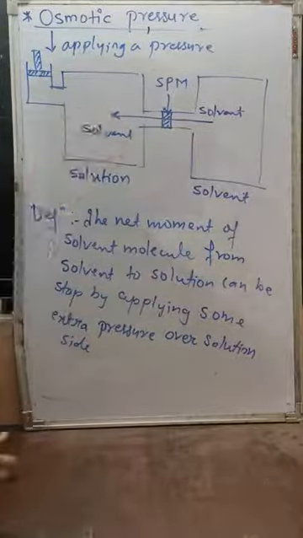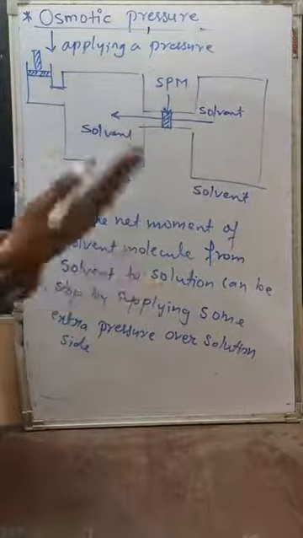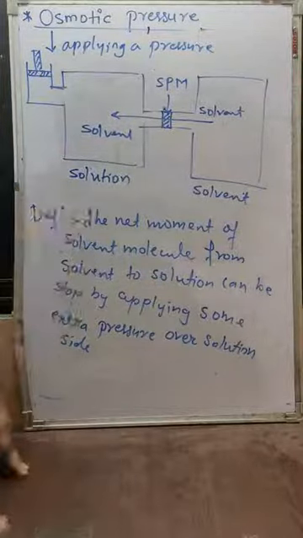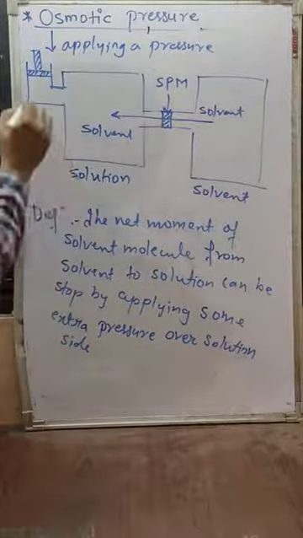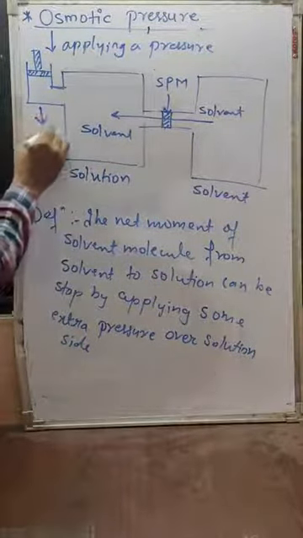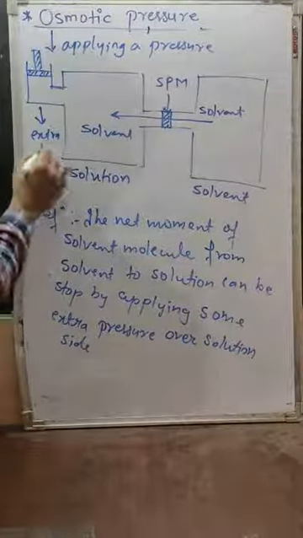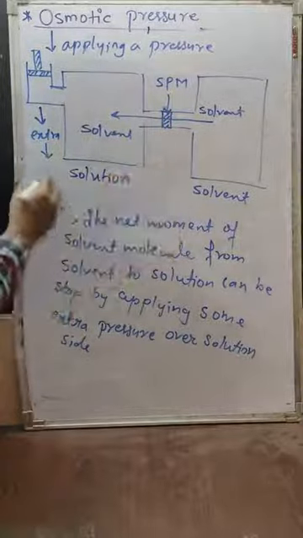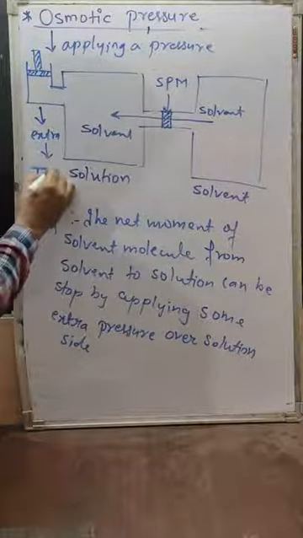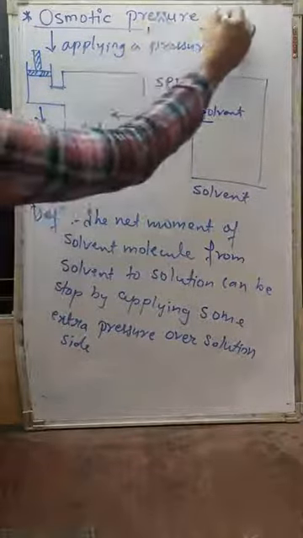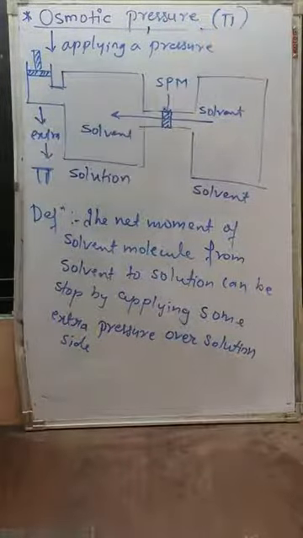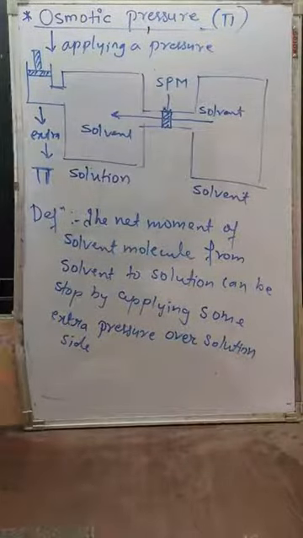So this is called reverse osmosis. So this extra pressure which is applied on the solution side is called osmotic pressure, which is denoted by pi. Okay, so osmotic pressure is denoted by pi.